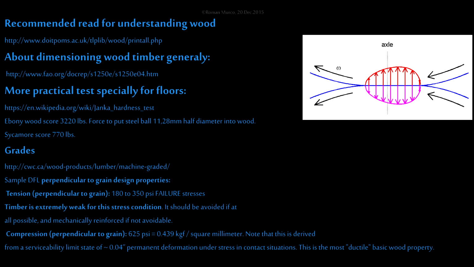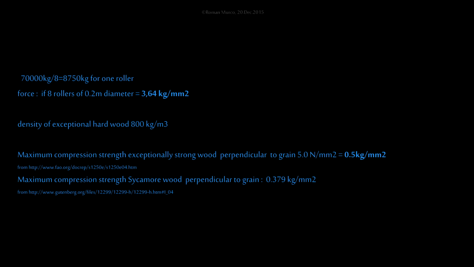In our case we would need 8 rollers, and the pressure on each roller will be 8 tons, which is a pressure of 3.6 kilograms per square millimeter, and we are exceeding the limit, for example, for maximum compression strength for exceptionally strong wood.